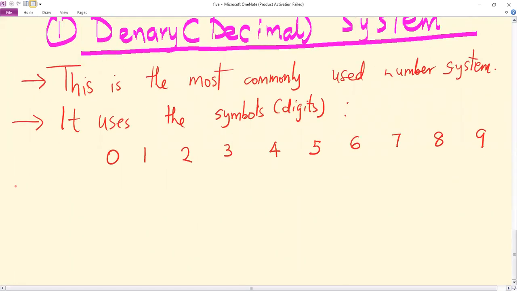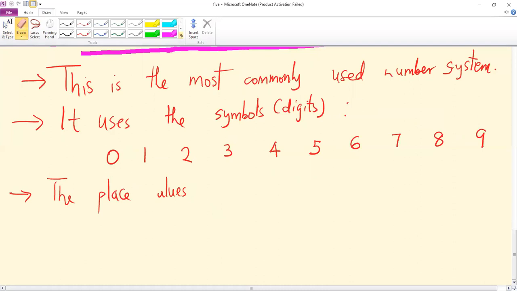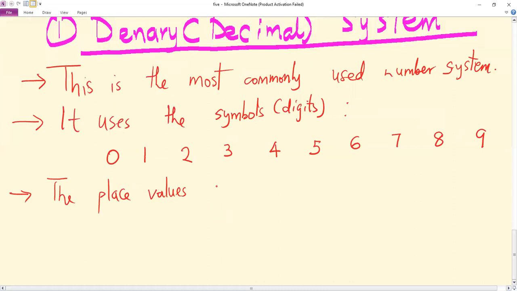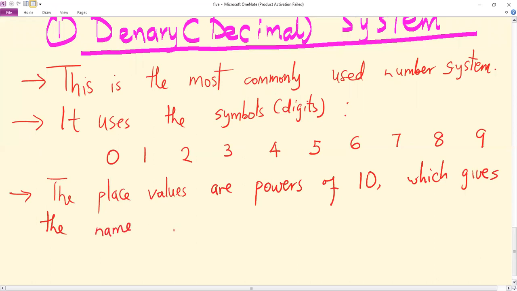And then next point, the place values. Place values are to the base 10; place values are powers of 10, which gives a name to the system: denary.